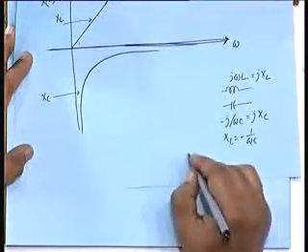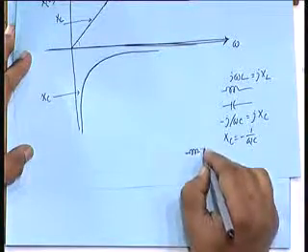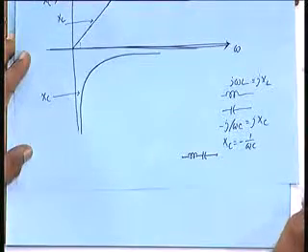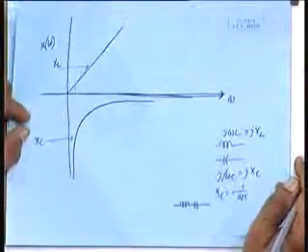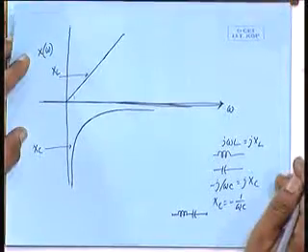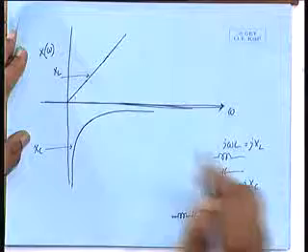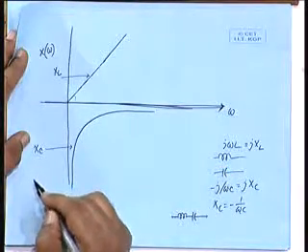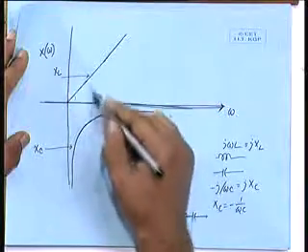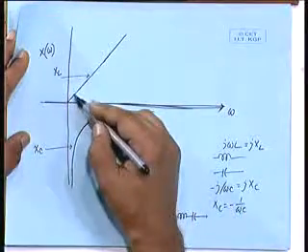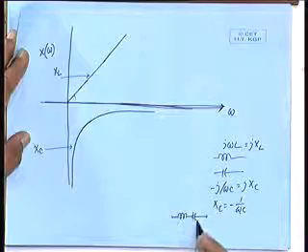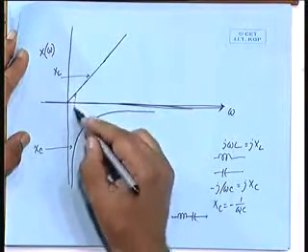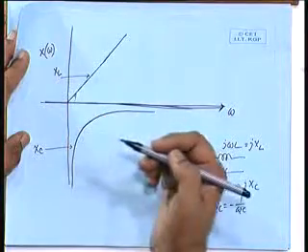If I put a series combination of L and C, then what will be the net effect? It is XL plus XC, which is minus 1 by omega C. So this magnitude minus this magnitude, that will be the net result.